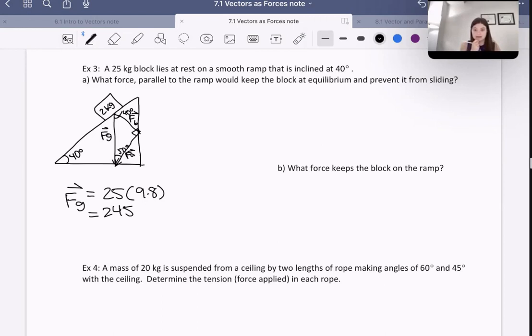So we need to figure out what force keeps it on the block. To do that, I'm first going to say that for force A, it's going to be sine 40, which is going to be force A over 245.